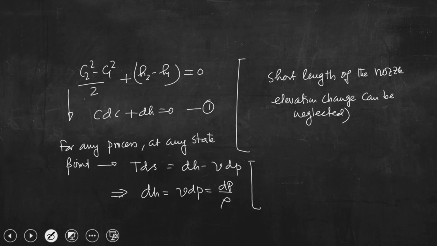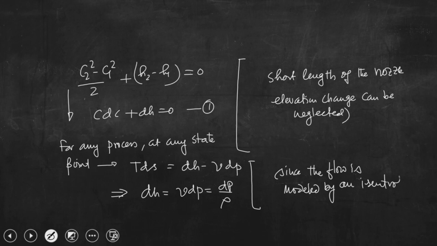Let us name this equation 2. If we use equation 2 in equation 1, we can write CdC plus dP by rho equal to 0.